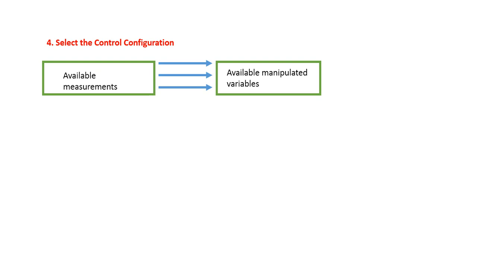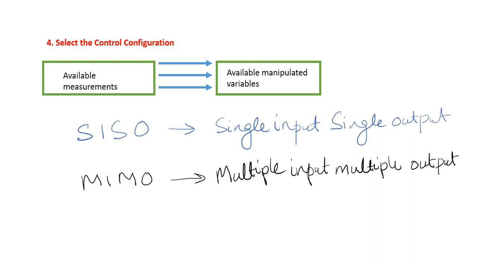Depending upon the controlled outputs and manipulated inputs, controller configuration is of two types. It can be classified as the SISO problem or the MIMO problem. Now what is the SISO problem and the MIMO problem? SISO basically stands for single input, single output.